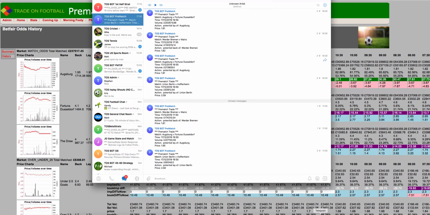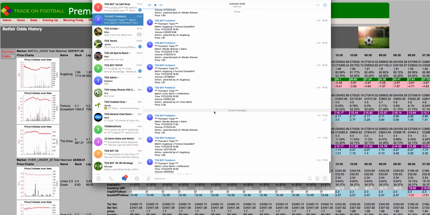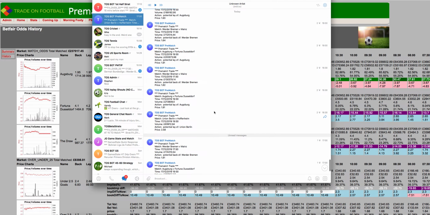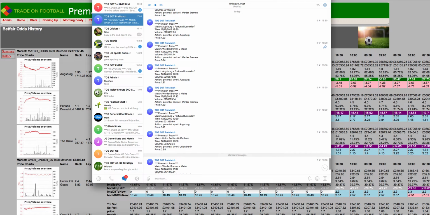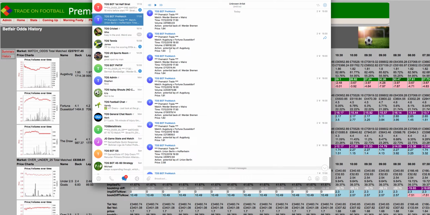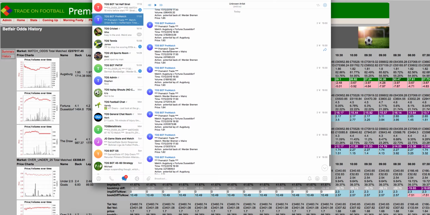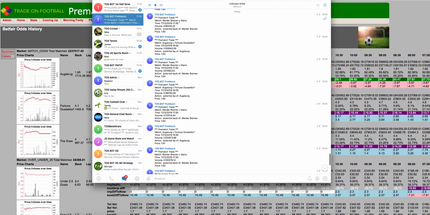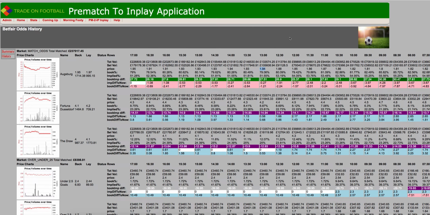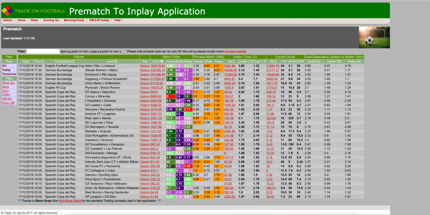If we have a look at some other ones here, right, here we go. Three o'clock, Werder Bremen v Mainz, potential back of Werder Bremen. So let's have a look at this.